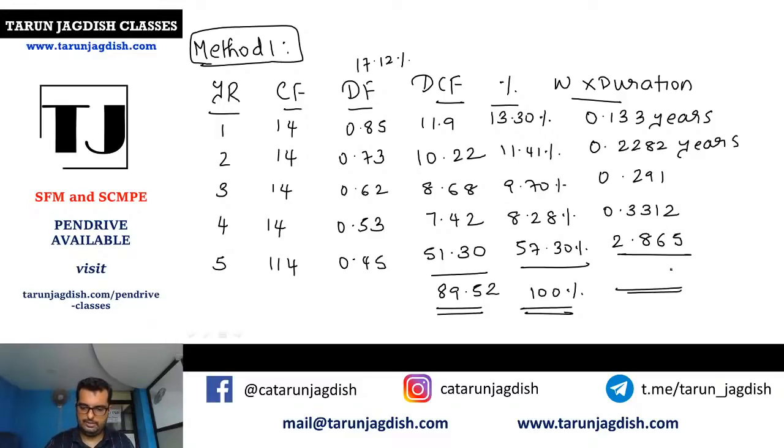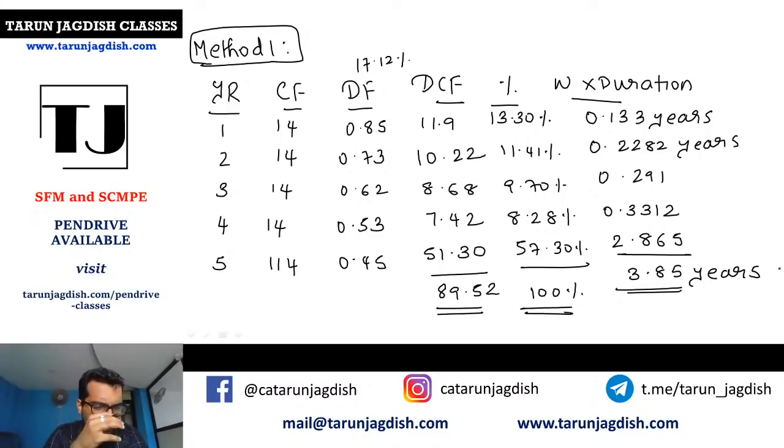So when I add up all these, 0.133, 0.2282, 0.291, 0.3312, 2.865, I'll get the answer approximately as 3.85 years.